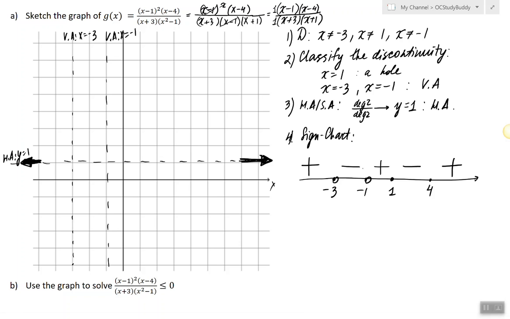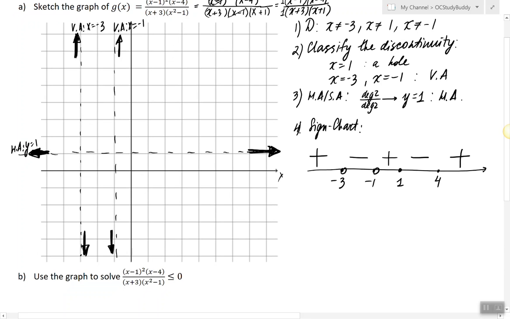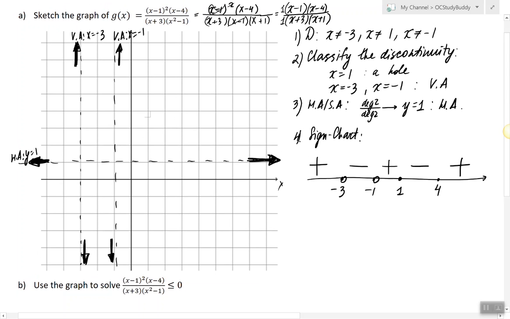Now with the sign chart, we can figure out the behavior near every asymptote. So at -3, the function is positive on the left and negative on the right. At -1, it is negative on the left and positive on the right. And we also have zeros at 1 and 4. At 1, we have the function crossing from positive to negative.